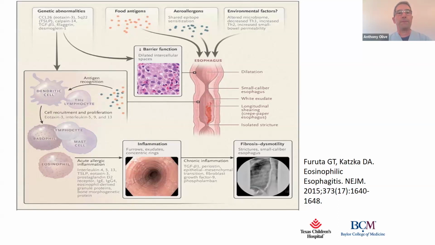And so you get an antigen that comes in, and then in a genetically susceptible individual, you have this inflammatory cascade that follows, that ultimately leads to inflammation and some of these endoscopic findings that we see, and with long-term inflammation that goes untreated, ultimately the development of scarring and fibrosis and strictures in the esophagus.